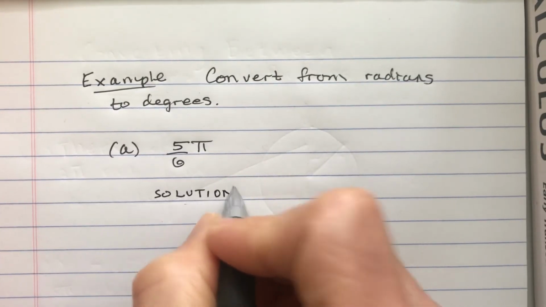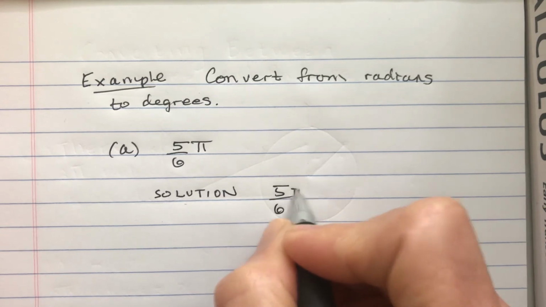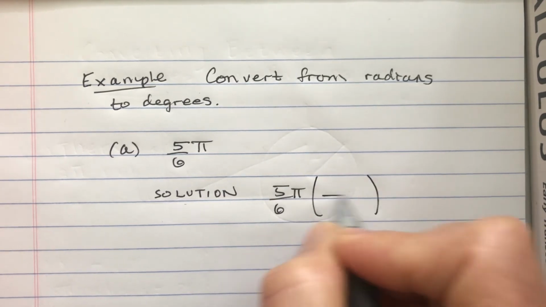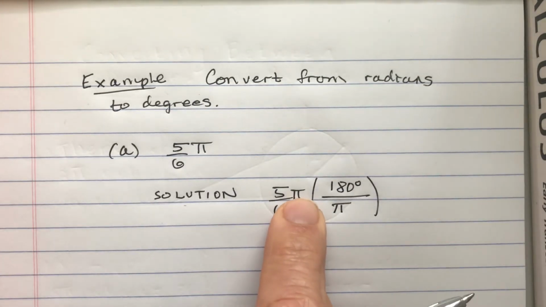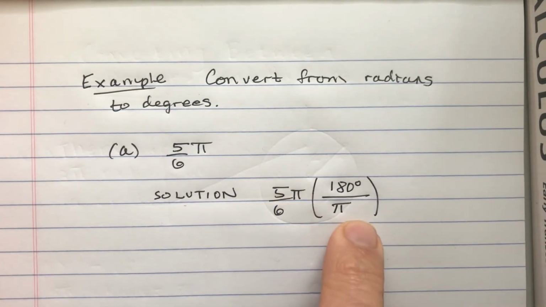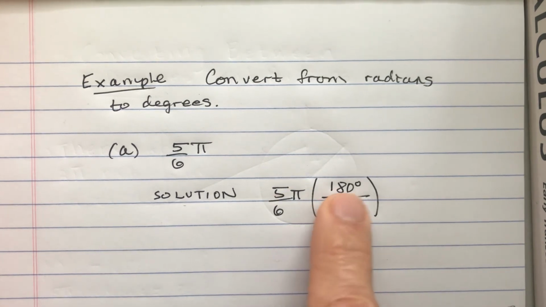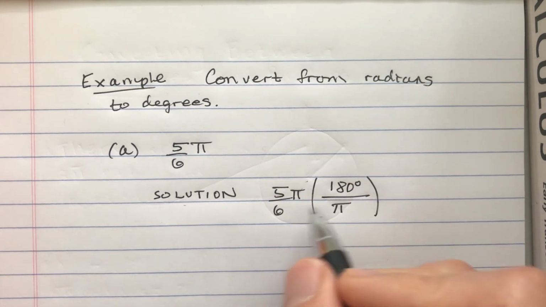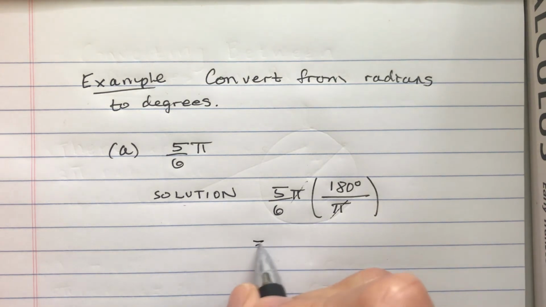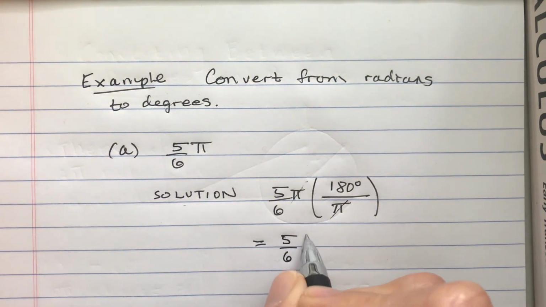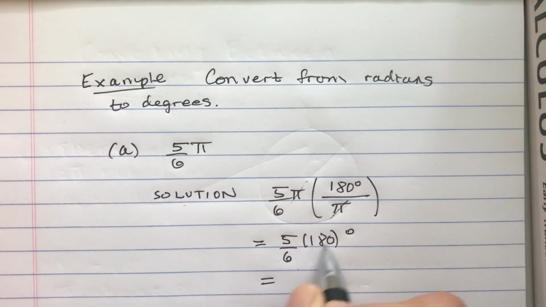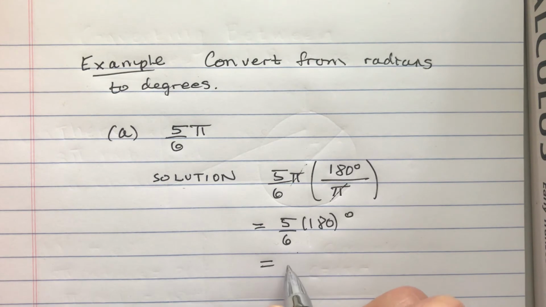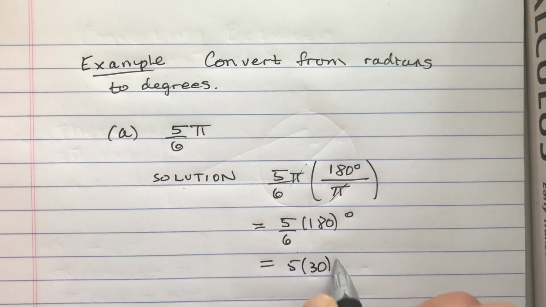So what I do is I again multiply by a factor that involves pi and 180, but this time I put pi in the denominator. This is 5/6 pi radians, and then pi radians, the units cancel out, and we're going to be left with degrees. So pi, of course, cancels out there, as we see. And so we have 5/6 times 180, and that's all degrees. And then 6 goes into 18 3 times, so we get 5 times 30, so that's 150 degrees.